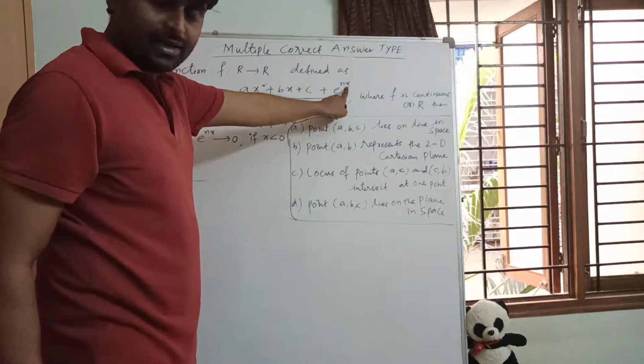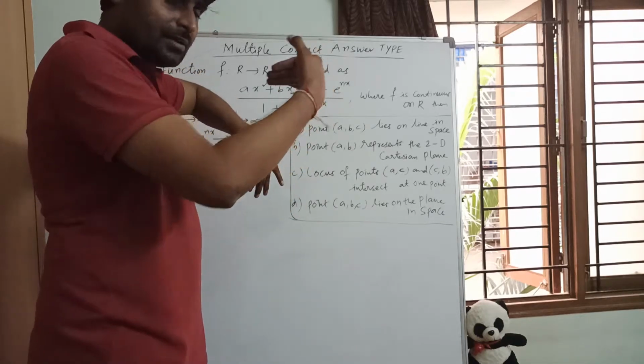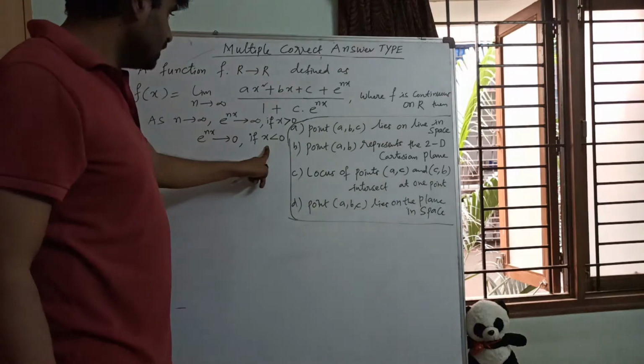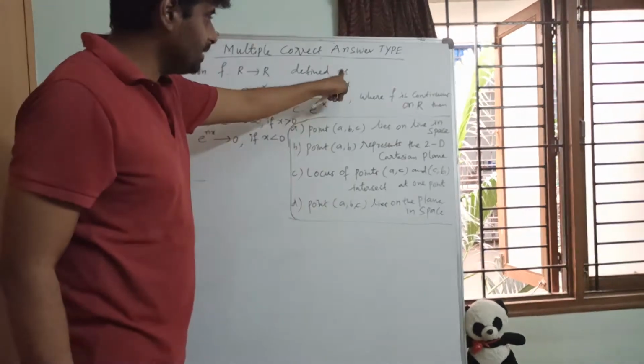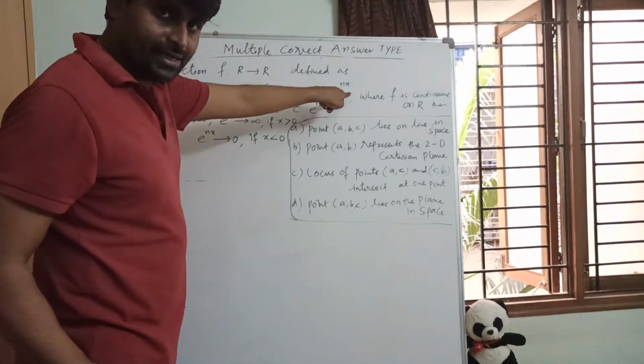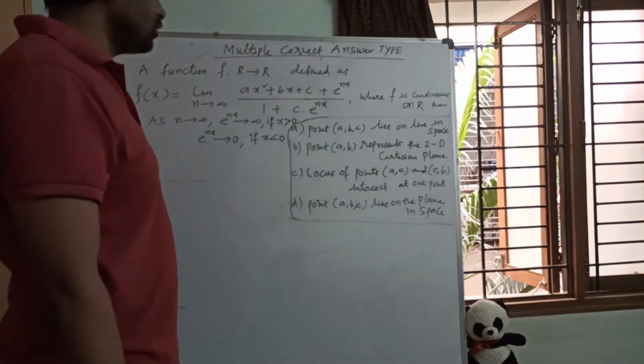For example, x is minus 1, e power minus n, so it comes down. Something by infinity leads to 0. So whenever x is less than 0, this value will become 0 as it is. Whenever x is greater than 0, this is direct infinity, so we should take out common. These two things you have to remember.